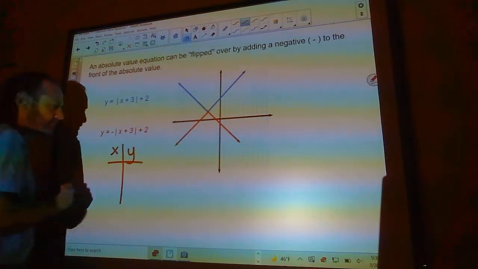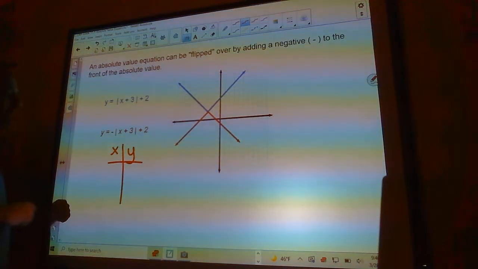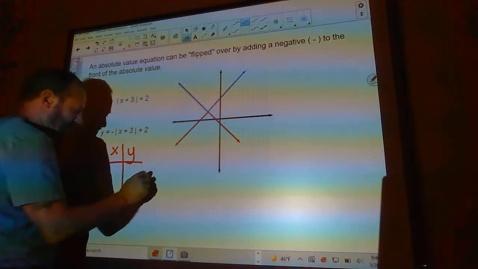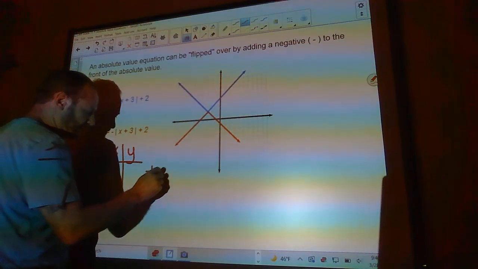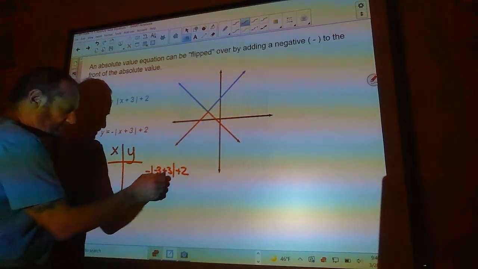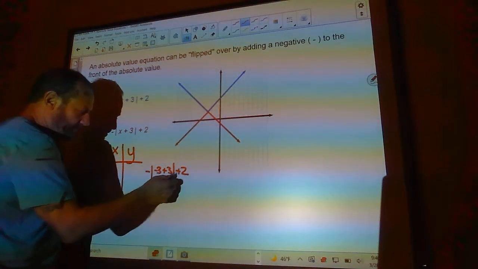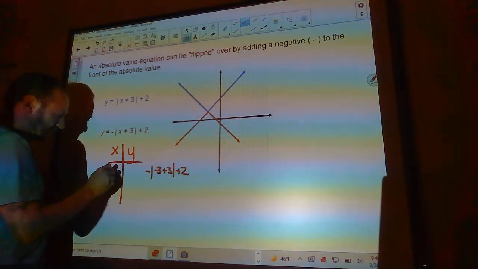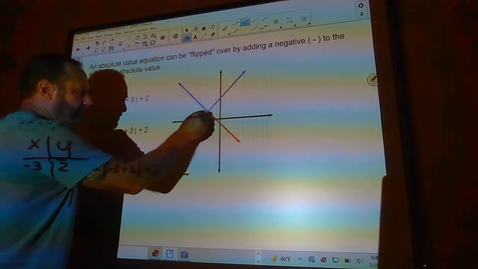Make a table. So if I plug in negative 3, I'm going to get negative absolute value of negative 3 plus 3, plus 2. Well, this is going to be 0. Negative 0 is just 0. Plus 2 is 2. So I plugged in negative 3 and I got 2. Oh, there's my vertex.